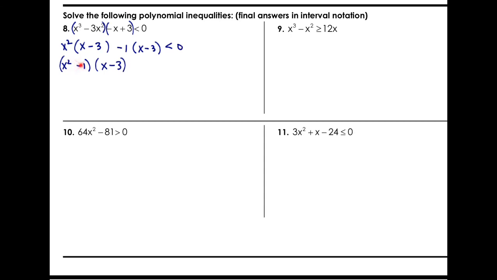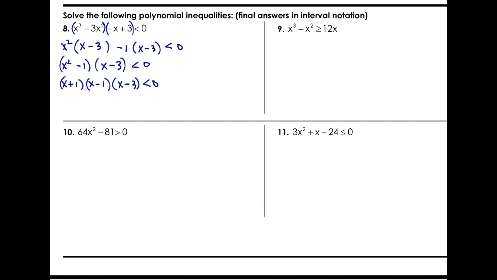And then I can factor what's inside here. And so I know that should be x plus 1, x minus 1, because it's the difference of 2 squares. And then I still bring my x minus 3 down. Probably should have done this in different ink, but it's a video, so, I mean, you got it.